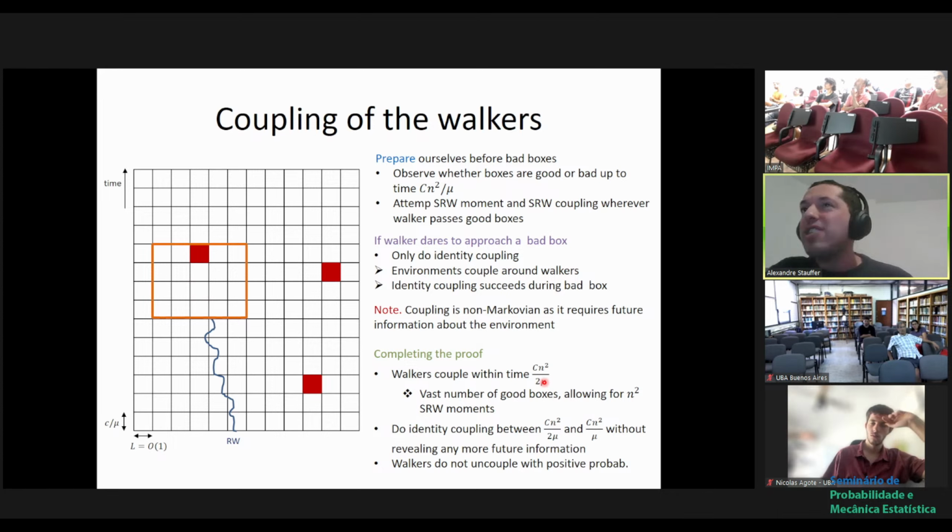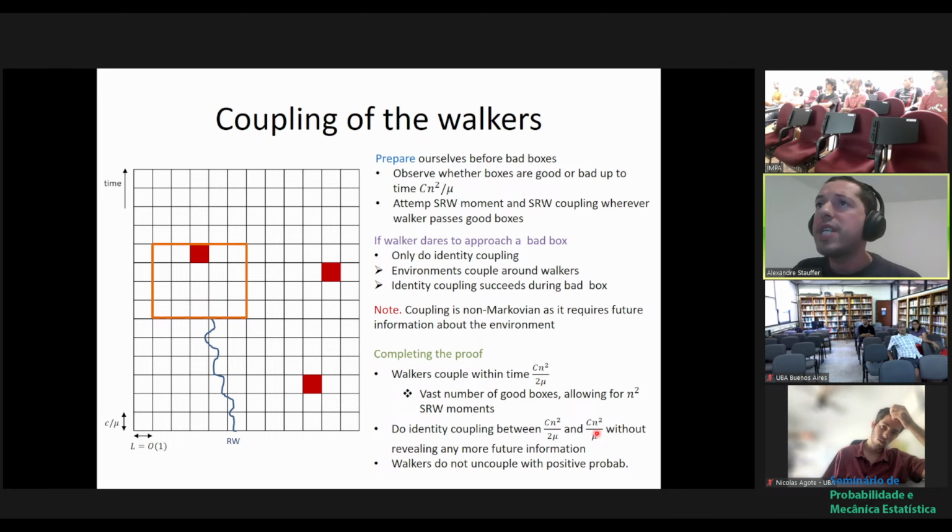But this is such a large time that it's very unlikely to happen. So with very large probability, identity coupling succeeds from the first half to the second half. And if this happens, then we can show that you couple everything.